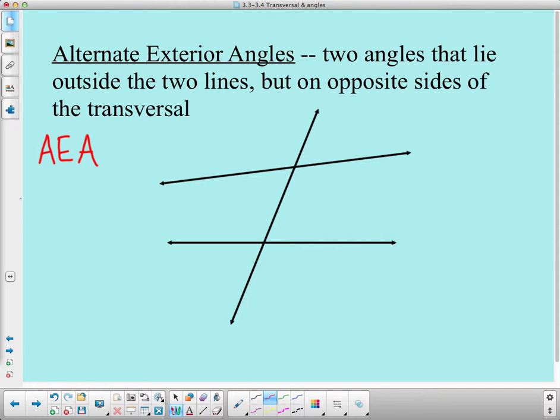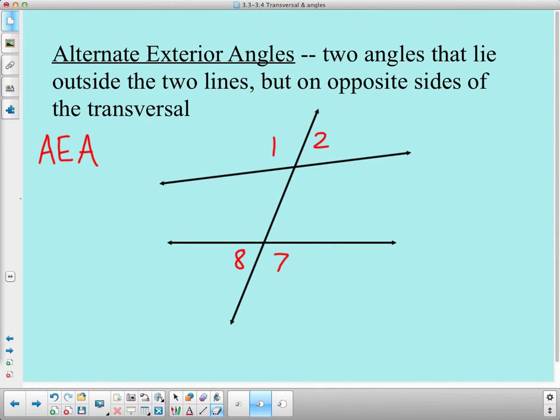So we'll do like we did last time and get rid of the ones that we don't want. Okay, alternate exterior. Which ones are not exterior? 4, 3, 5, and 6. These are not exterior because they're between the 2 lines.